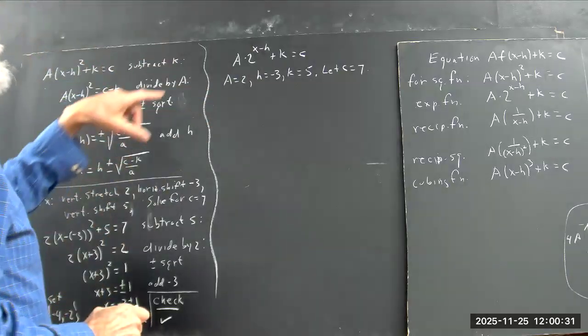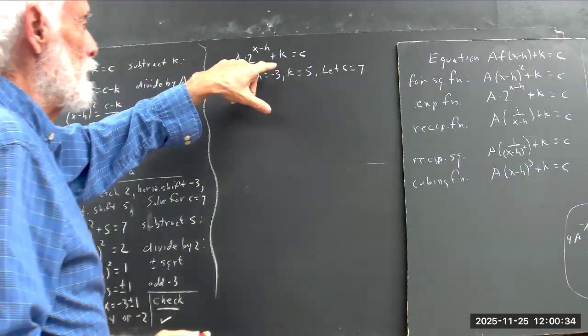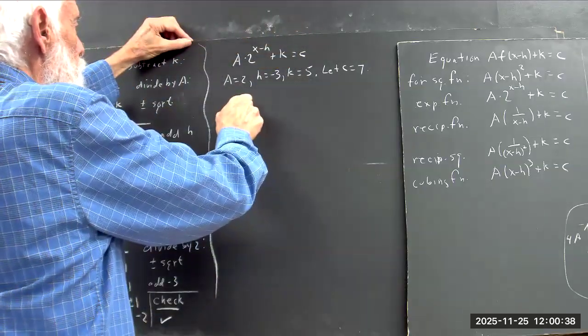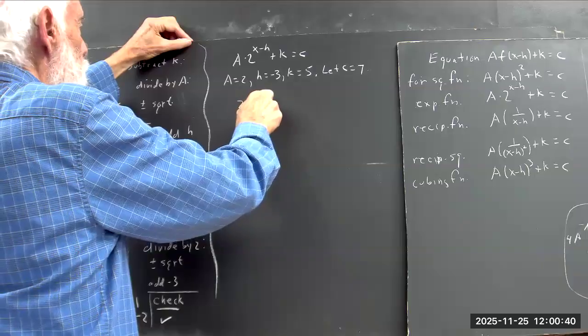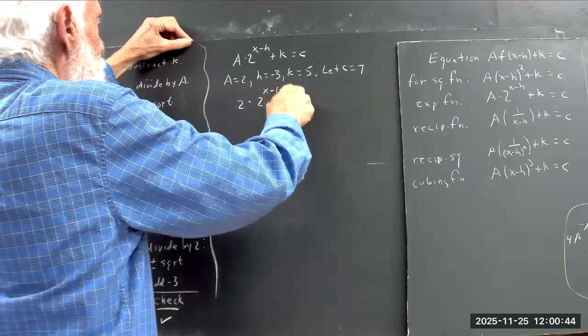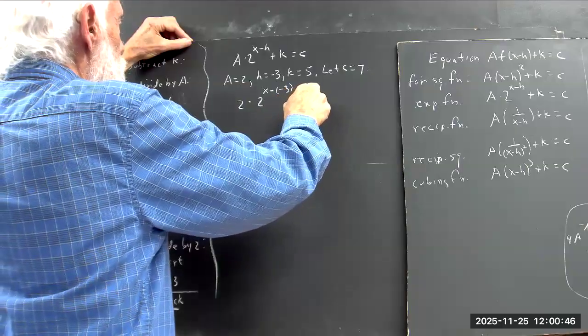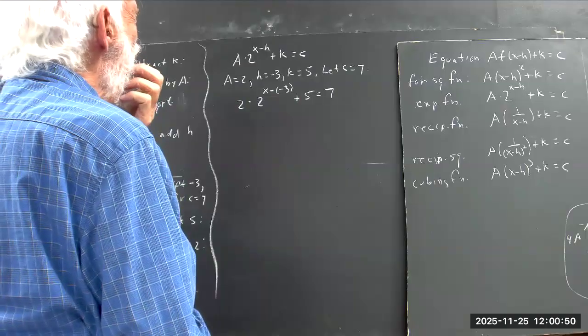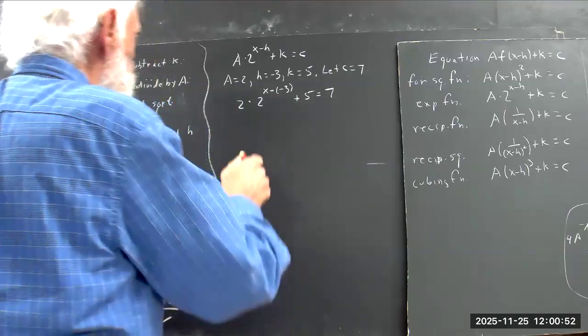So using the same values of a, h, k, and even this arbitrary number c, we get 2 times 2 to the x minus negative 3 plus 5 equals 7.